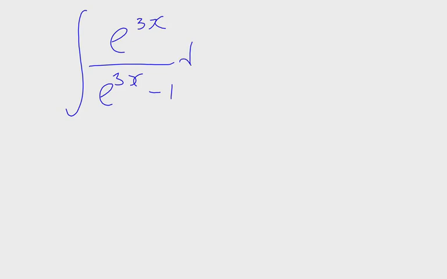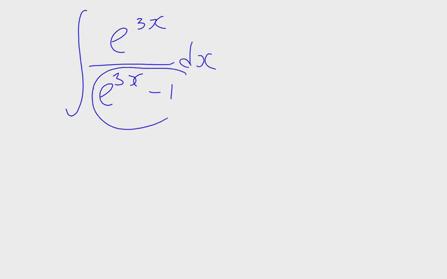Now another one, there may be instances where you have to do a little adjustment. Now look at this. Look at the integral of e raised to power 3x over e raised to power 3x minus 1 dx.